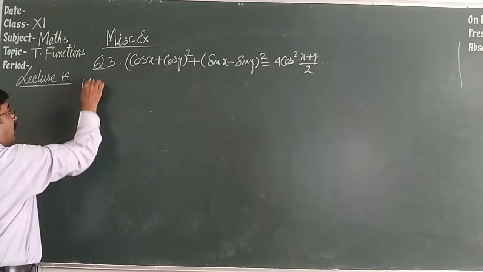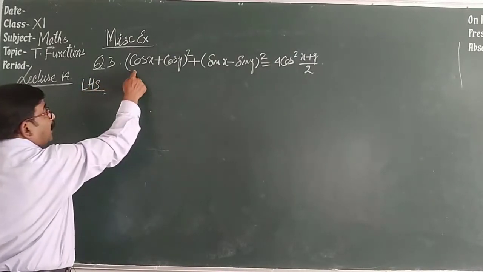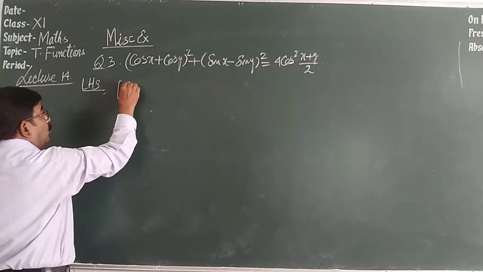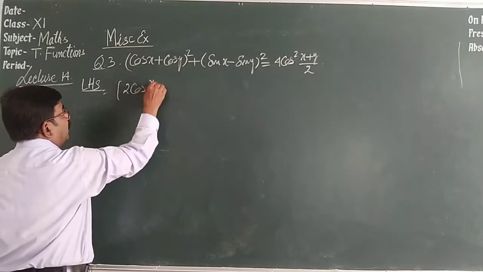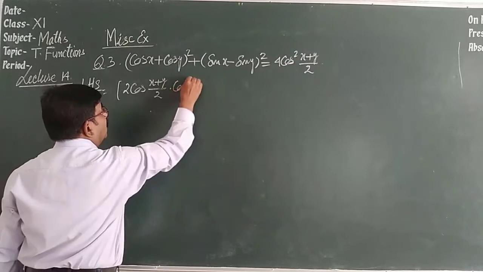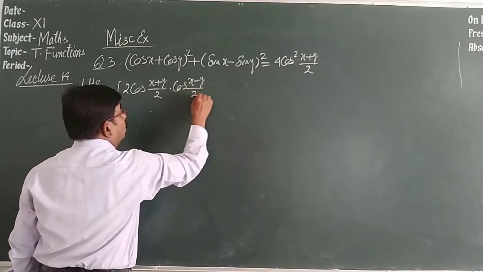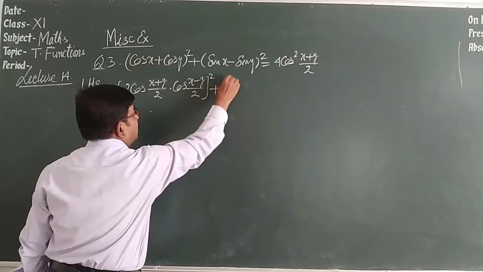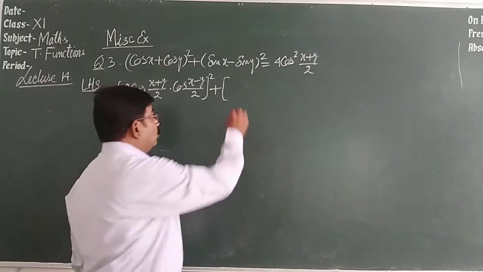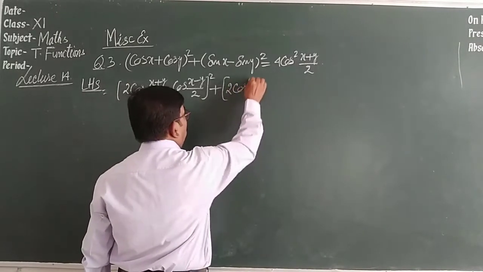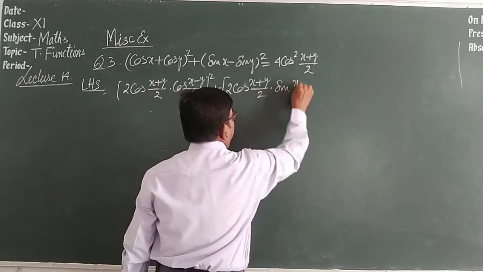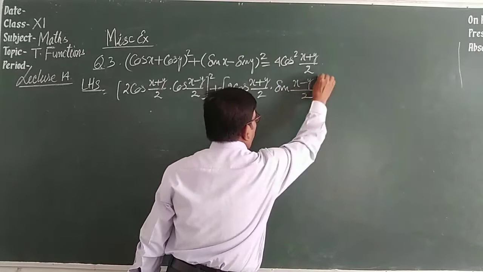So I am writing the left hand side. I am breaking this into cos x plus cos y. What is the formula? I think you remember. 2 cos (x plus y)/2 cos (x minus y)/2 whole square, plus sin x minus sin y, which is 2 cos (x plus y)/2 sin (x minus y)/2.